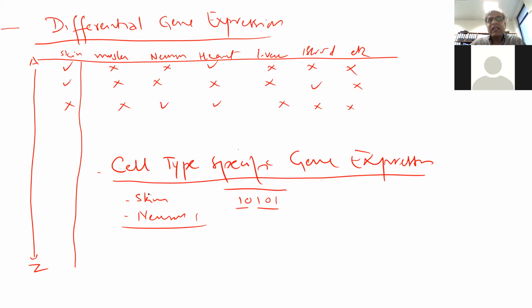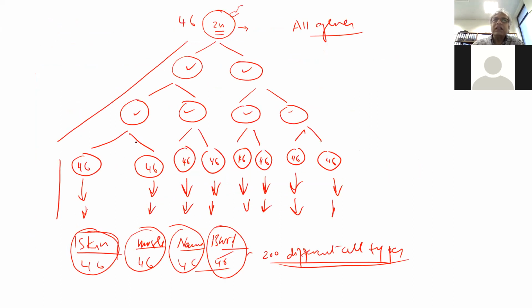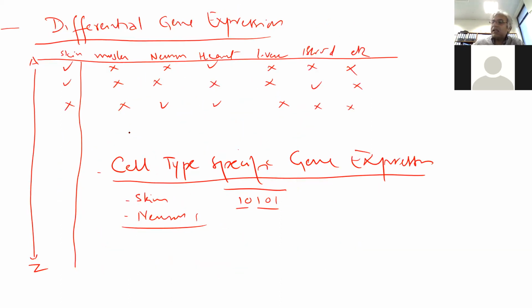Okay. So how do they become different? Not all 20,000 genes are regulated like this. You should know we have genes called housekeeping genes, and 70% of our genes are housekeeping genes. These are genes which are constitutively active in all different cell types.